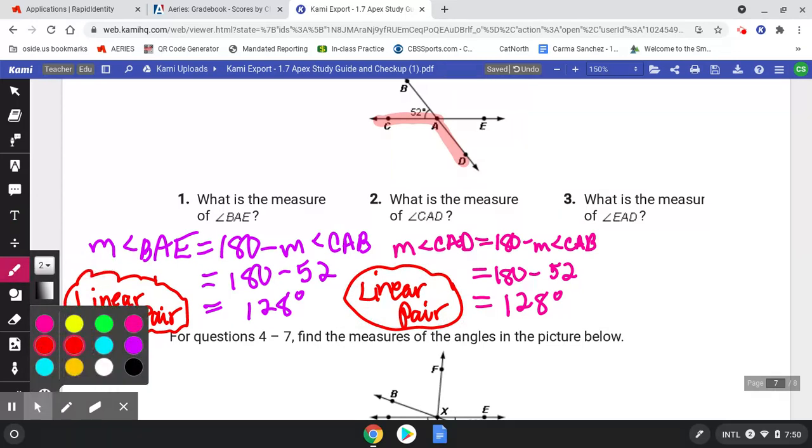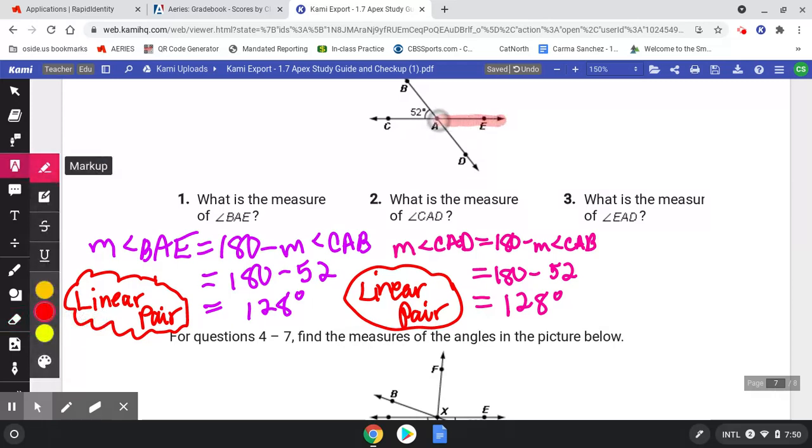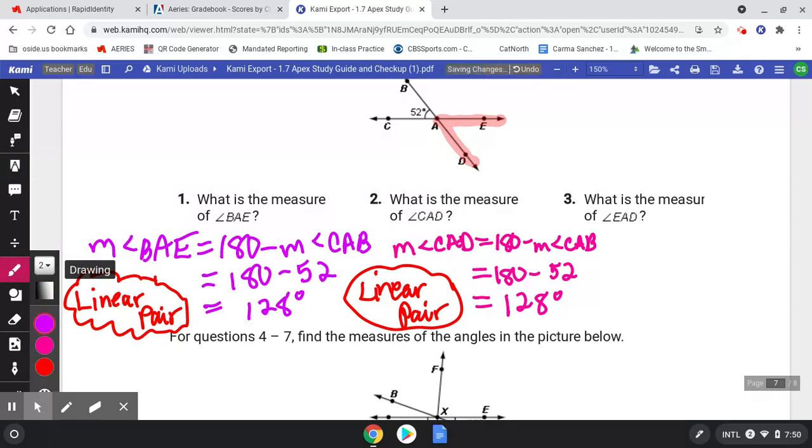All right, let's go try this last one in this row. What is the measure of angle EAD? So this time we're going for here. And so we're going to say that the measure of angle EAD is equal to the measure of angle CAB, and the reason that these two angles are equal is the vertical angle theorem.